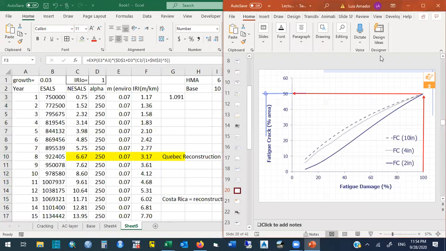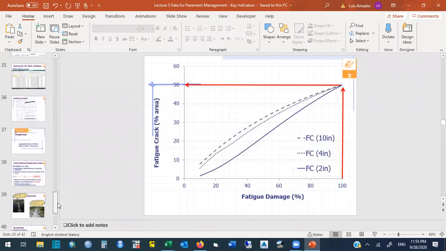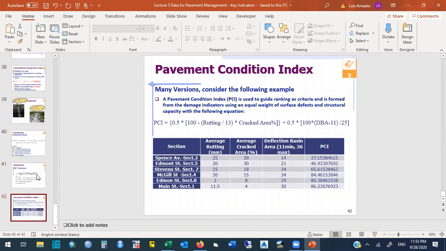Now, the final one is the pavement condition index. And this one is even worse, because for this one, you will take anything that you have and combine it to produce an overall measure of the pavement quality.